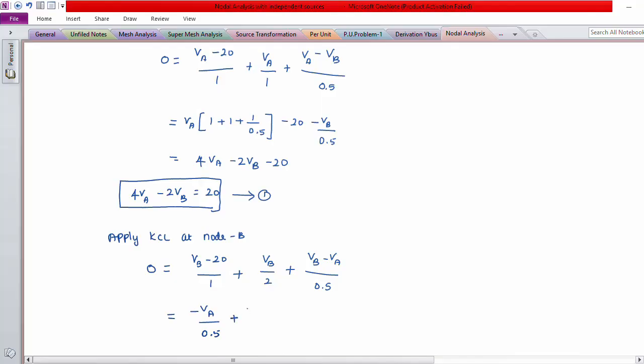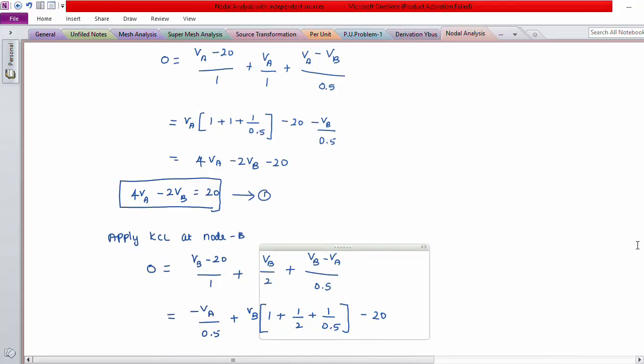Plus, we take VB outside. If you take VB outside, it becomes 1 plus 1 by 2 plus 1 divided by 0.5, minus 20.